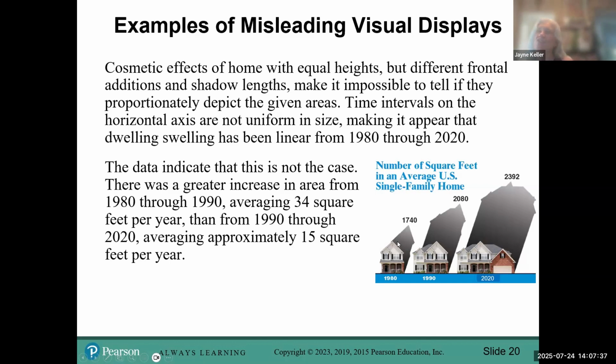And then they added this shadow of the home and they put the sun at a pretty high angle. So it makes it look even bigger, doesn't it?